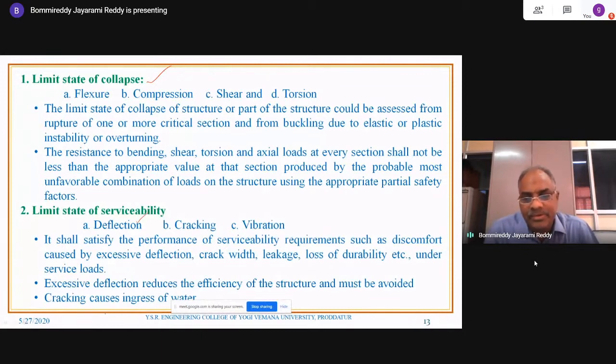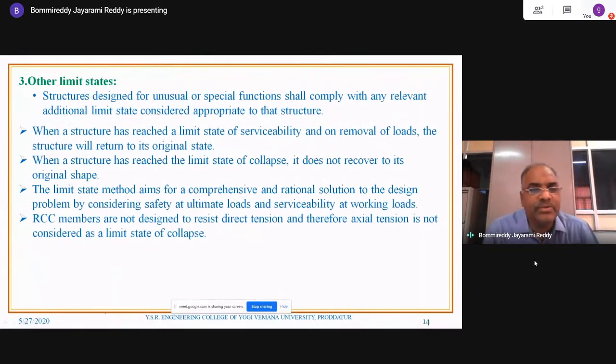Or if there are some small cracks, particularly in leakage structures where water and other fluids are stored, then it affects the structure. And durability is also another important factor to be considered. Excessive deflection normally reduces the efficiency of the structure, and all these other limit states must be well within the limits specified in the code.